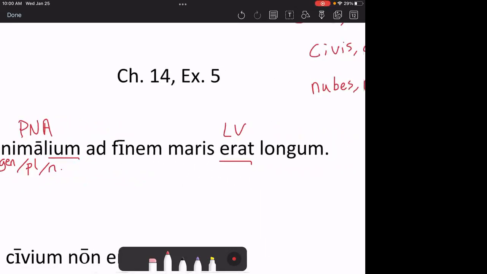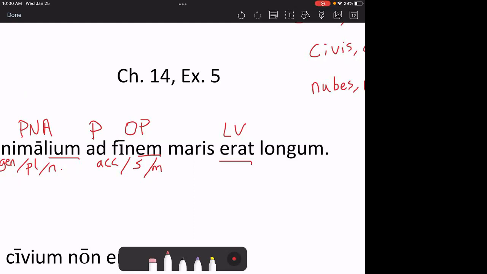Ad is a preposition, which makes finem object of the preposition. Okay. What case number and gender is finem? EM is telling us it is accusative, singular. What gender is finis? Finis is masculine.